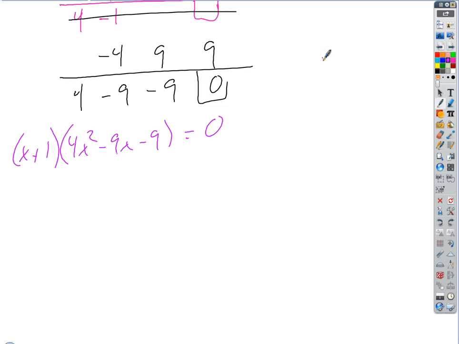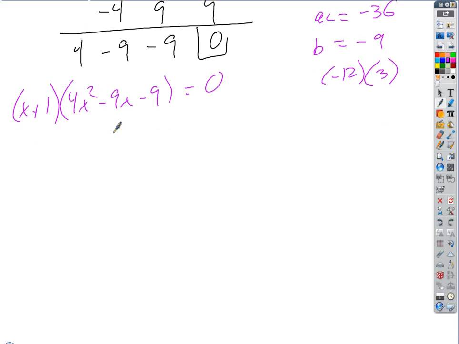So if we do AC equals negative 36, B equals negative 9, that gives us the magic numbers negative 12 and positive 3, right? So we could break this down into x minus 12 times x plus 3.